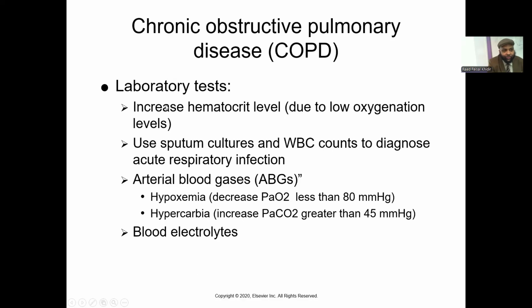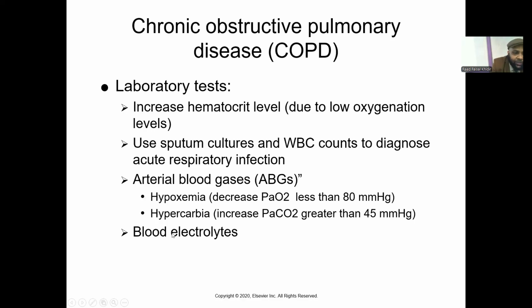And pallor and cyanosis. Laboratory tests: an increased hematocrit level due to low oxygenation levels, and the use of sputum cultures and white blood cell count to diagnose acute respiratory infection. There are arterial blood gases, ABGs, and there is hypoxemia. In hypoxemia, there is a decrease in the partial pressure of oxygen. In hypercarbia, there is an increase in carbon dioxide.